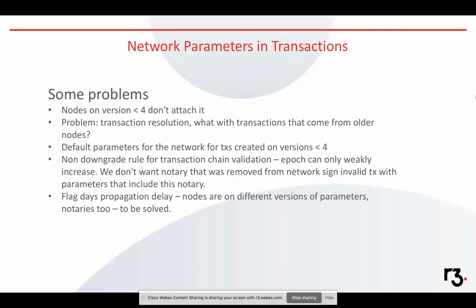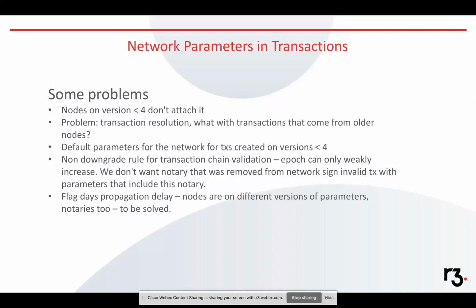So we make sure when we resolve the chain of transactions that the epochs in the chain always increase, because there might be an attack where, for example, we remove a notary from the network parameters, but this notary creates a transaction with itself, with the old parameters. So they cannot be injected in this chain.